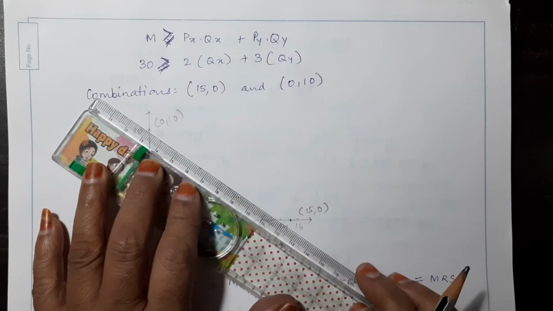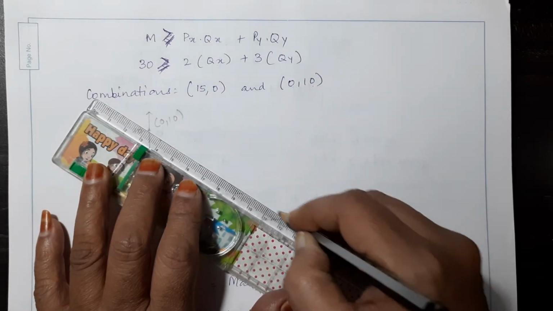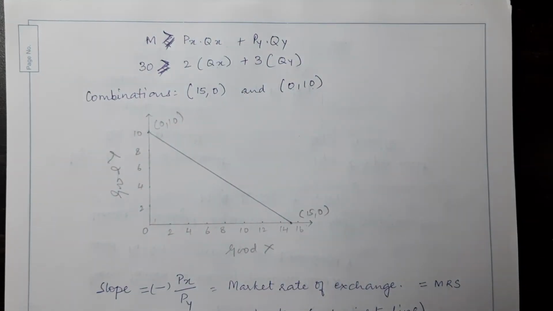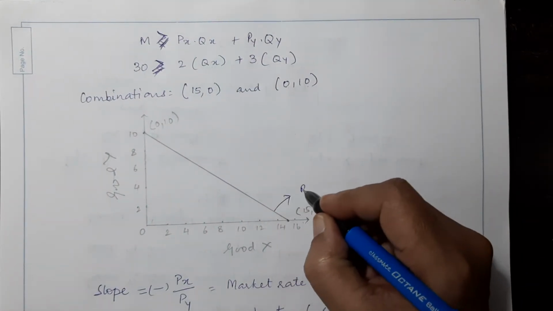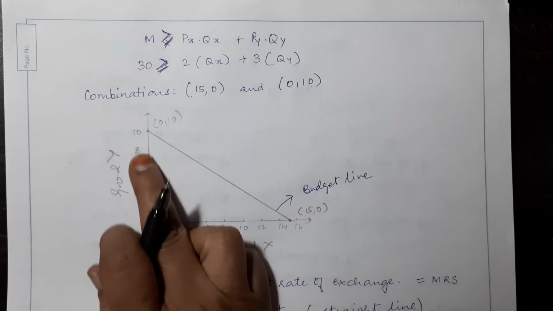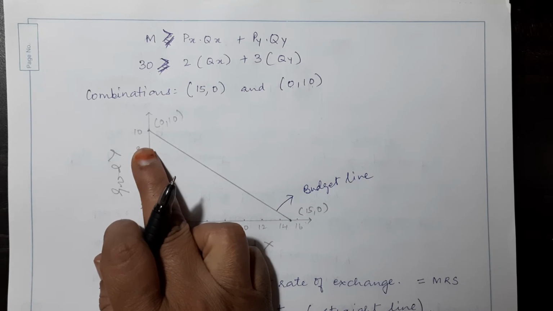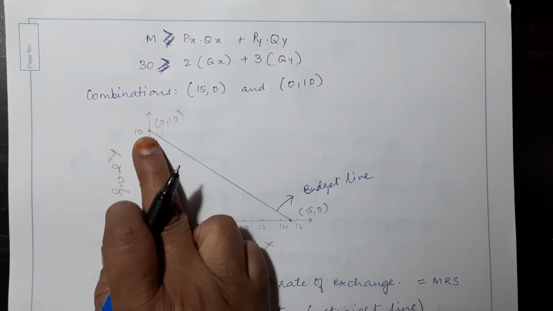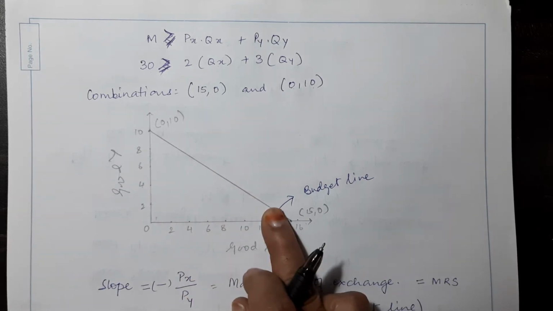So we'll join these 2 points and we get the budget line. This is called the budget line. Now all combinations of goods that are equal to the budget equation will lie on this line.